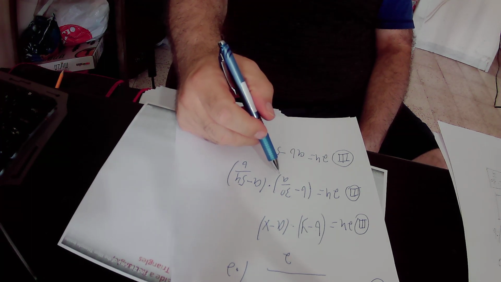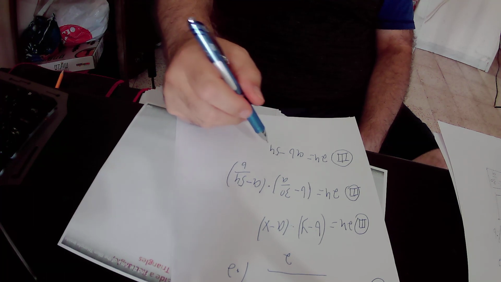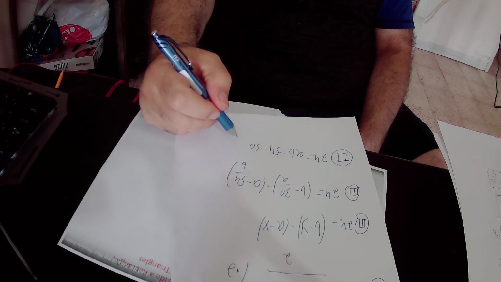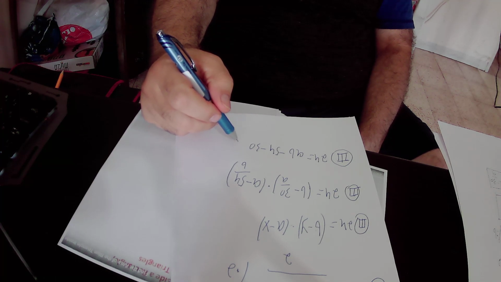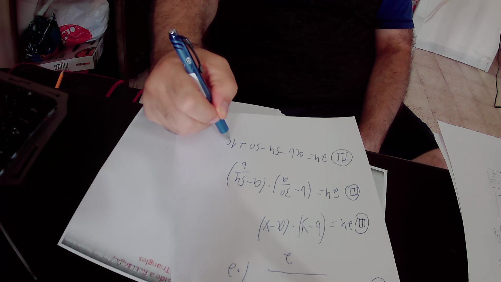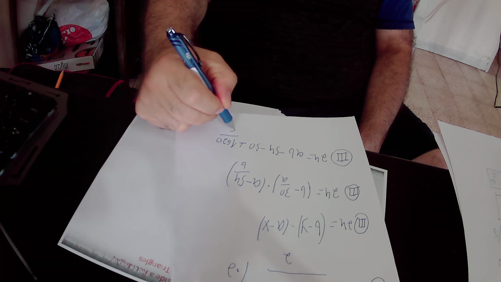Minus 30 over a times a will be minus 30, and minus 30 over a times minus 54 over b will be 1620 over ab.